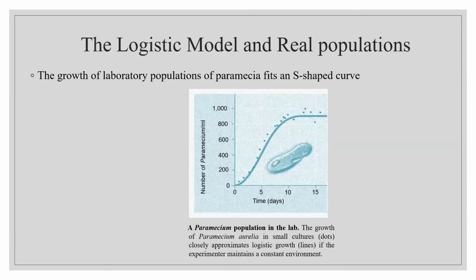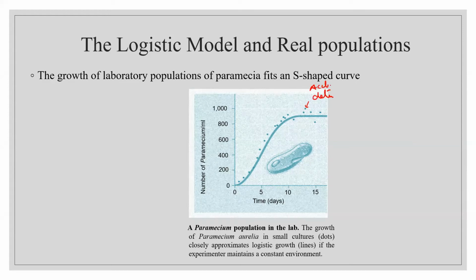Now this is a real life example showing how the population really settles down in an S-shaped curve. This is a paramecium population which was grown in the lab, and this dotted one is data points: they observed the growth of the paramecium after some days and plotted the data.